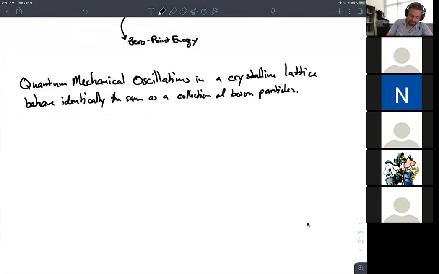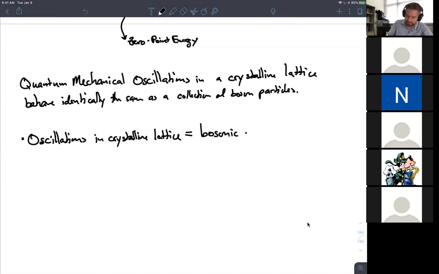So these oscillations in the crystalline lattice you can think of as bosonic particles. And these bosonic particles have a name. These are what are referred to as phonons.